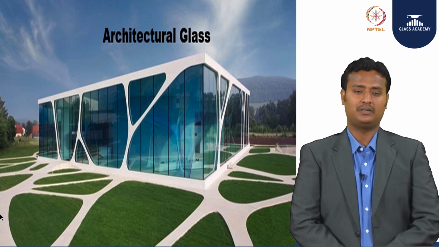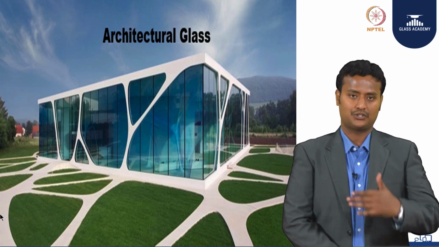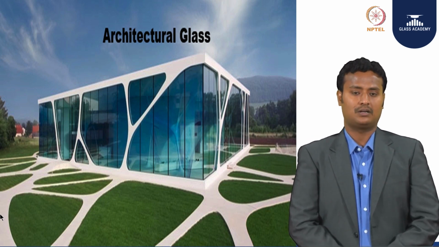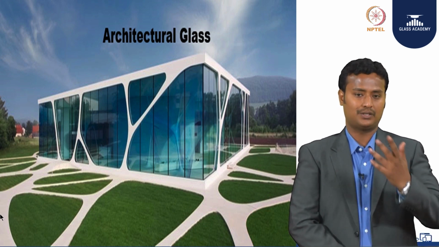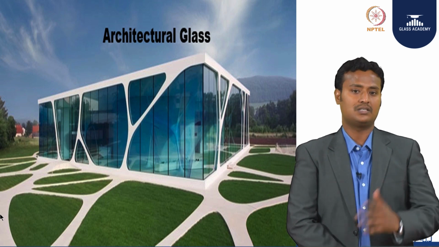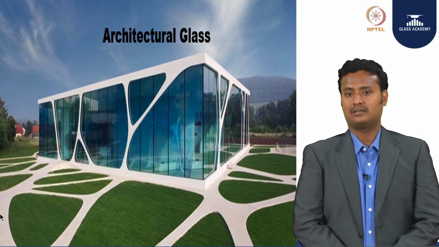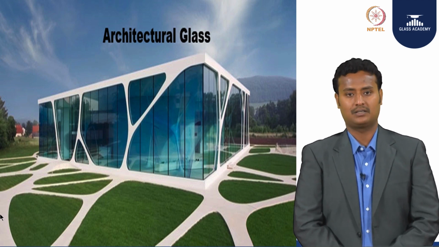It need not be a rectangle or square, you can even have a curved or shaped one. Based on what the architect decides, if the building wants to see blue, you can select a blue color, or if you want green, you can select a green glass. That way you can get a good view from inside and outside. So, this is one example.